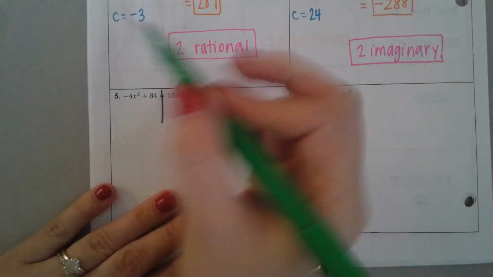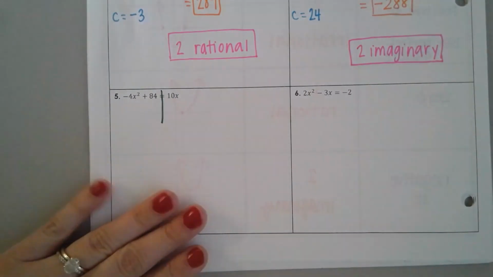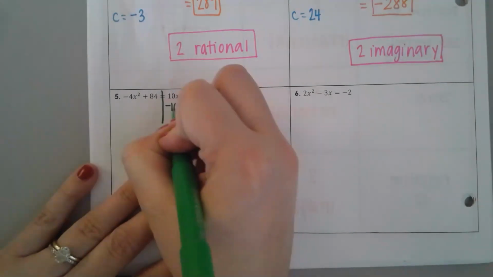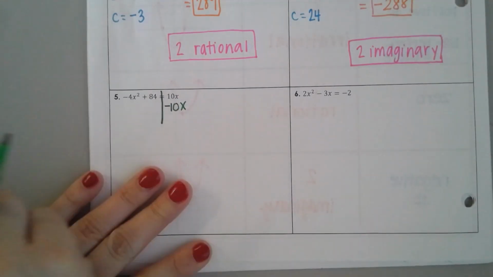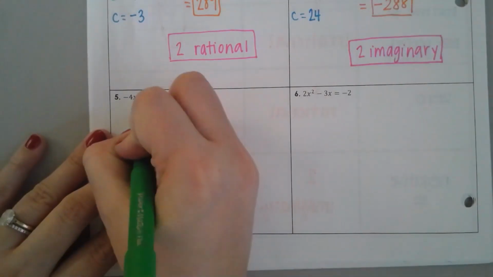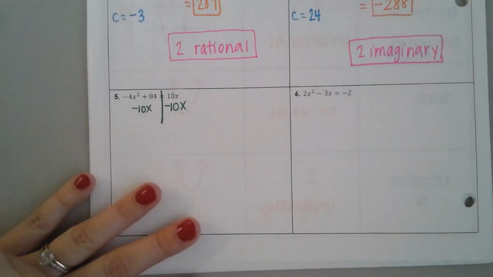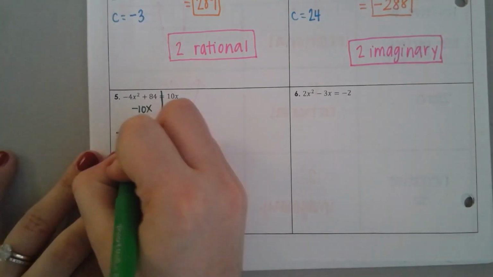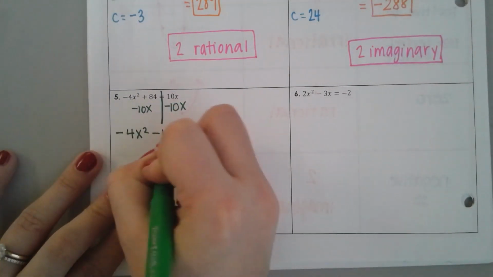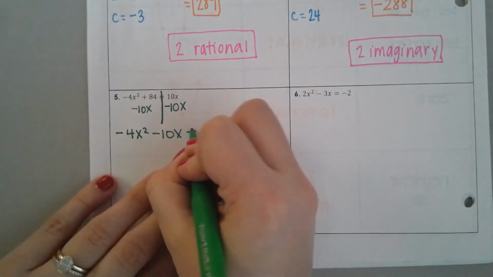We're going to move the whole 10x. We're going to subtract. If I just divided by 10, that x would still be there. So I'm going to subtract 10x. And that goes in the middle. Negative 4x squared minus 10x plus 84.